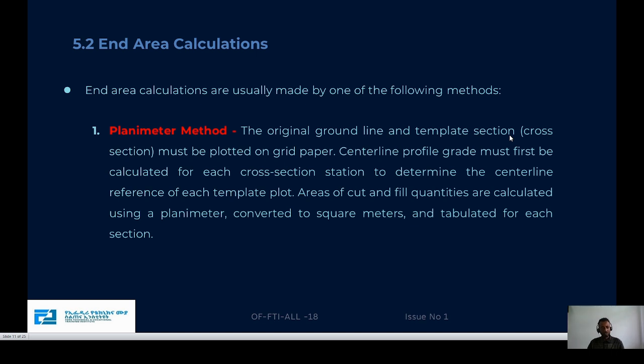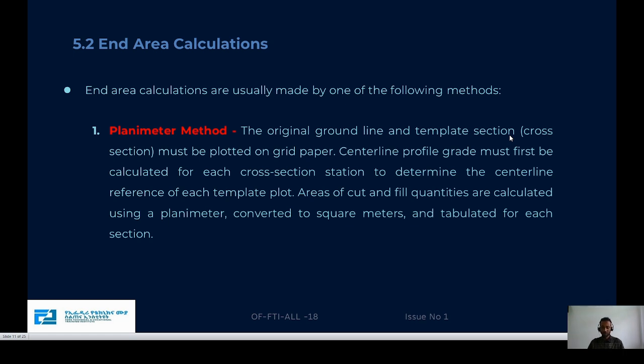The first activity is calculating the end areas. These parts will be measured with a planimeter. These will be the original ground lines and template sections.